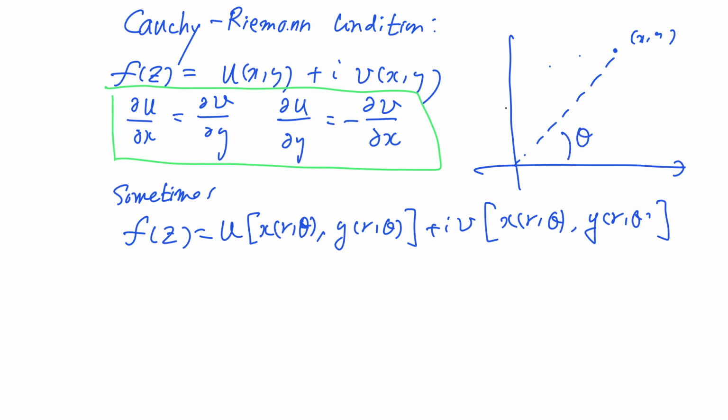So what happens if sometimes this function is given in terms of r and theta? So this is r. r is the square root of x squared plus y squared. Theta is the arctangent of y over x.